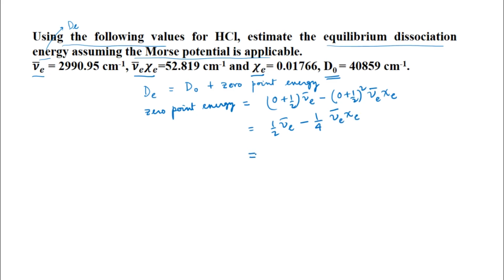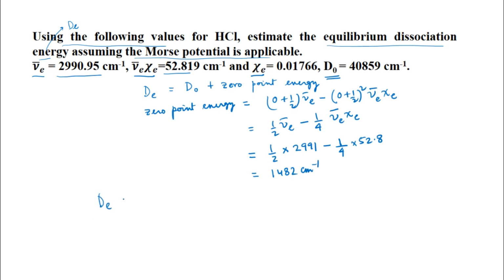So, if I put in the values, approximately what we get is 1 by 2 times 2991. So, I am approximating this as 2991, and then I have minus 1 by 4 times 52.8. If I write 52.8, then what I get, the zero point energy is 1482 wave numbers.